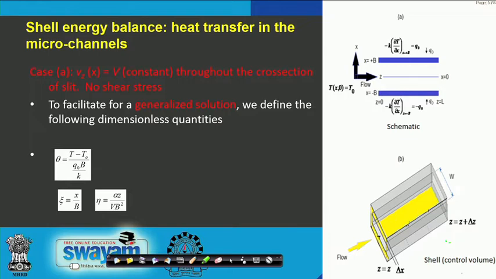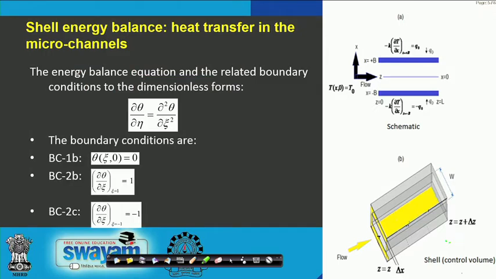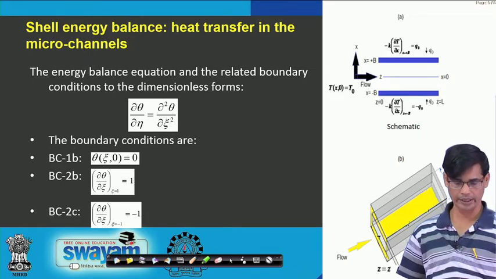These dimensionless quantities will help you find the general solution, and are substituted to get ∂θ/∂η equal to ∂²θ/∂ζ². The dimensional equation has been reduced to a dimensionless equation along with its boundary conditions, which helps you find the solution very readily.